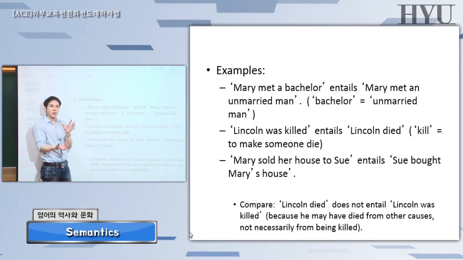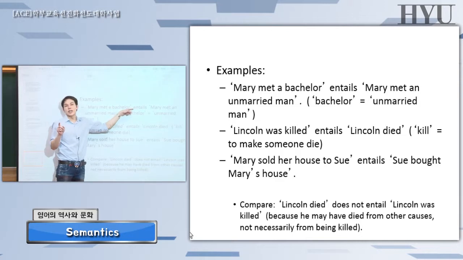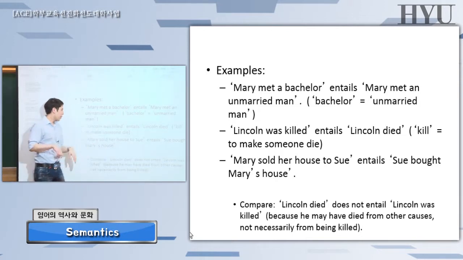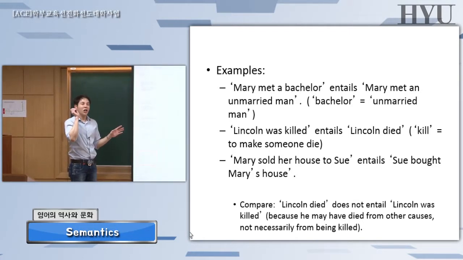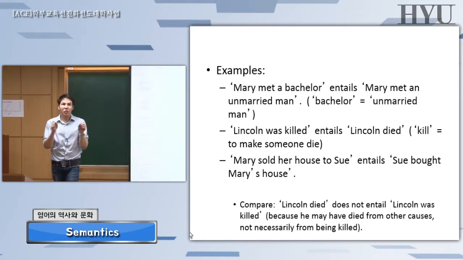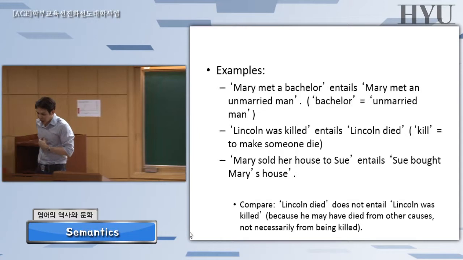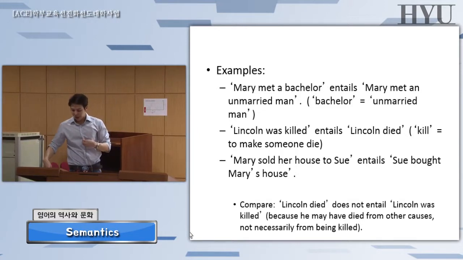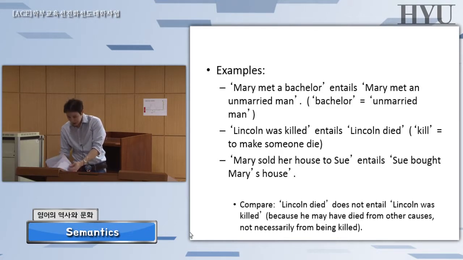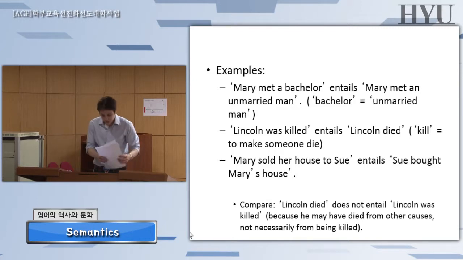If there is an exception, then entailment is not there. So entailment is a necessary logic relationship between two sentences. So we'll take a 10-minute break and then come back and do practice exercises on entailment. If you have questions, you can come and see me during the break, whatever questions you have.